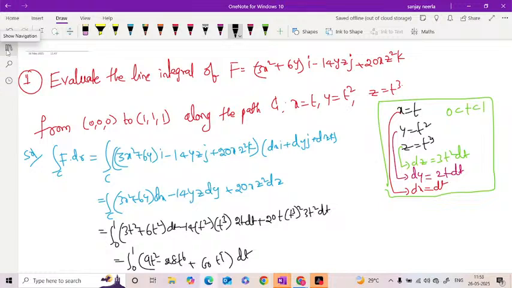Next we will see the second problem. Line integral of vector fields.